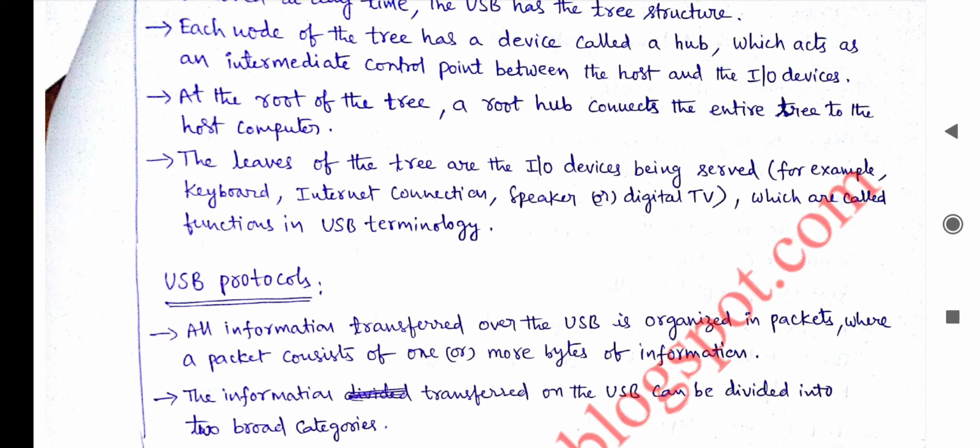For example, it may be a keyboard or internet connection or speaker or digital TV or whatever it may be. Those IO devices are connected to a system through a hub. Okay, so the hub acts as an intermediary between these two, which are called functions in the USB terminology.